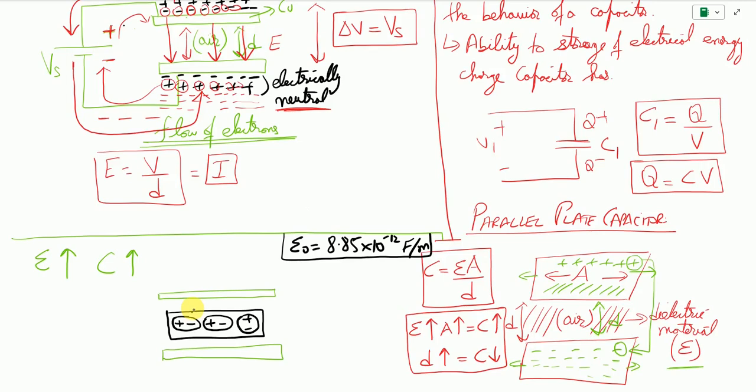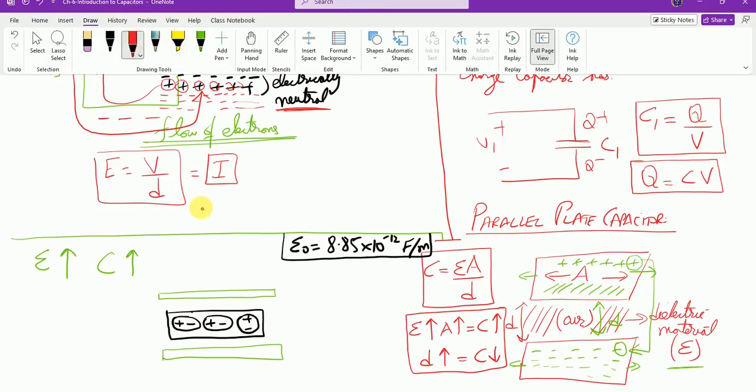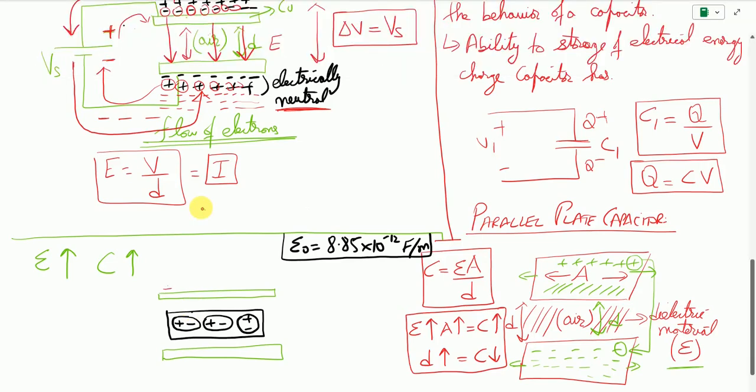And we know that in the ideal case, the conductors are electrically neutral. So it is going to have positive and negative charges on the top plate, and negative and positive charges on the bottom plate. As soon as we connect this to a voltage source, let's say this is positive and this is negative, what is going to happen?